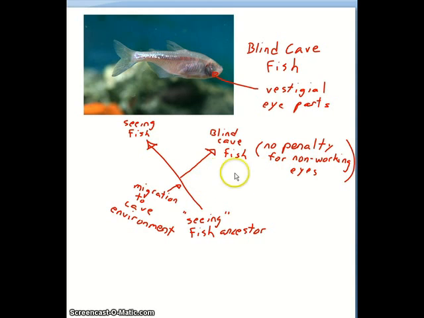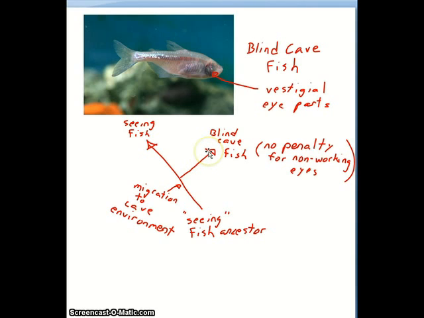In fact, there may be advantages to not developing eyes, namely that eyes can get infected, for example. And so if you don't have eyes, you may be at less risk for infection. So again, we see some individuals of the ancestral species stayed up in the waters where there was light and seeing was an advantage, but some migrated into a new environment, a new way of life, making a living in the dark caves.